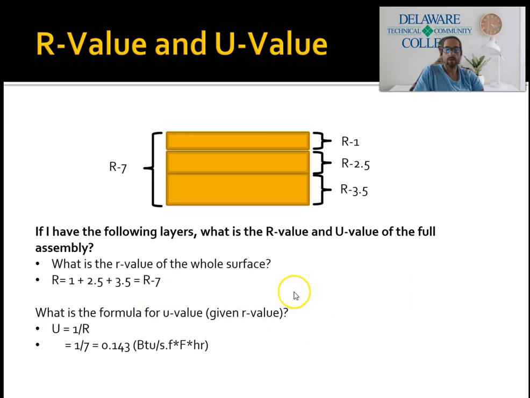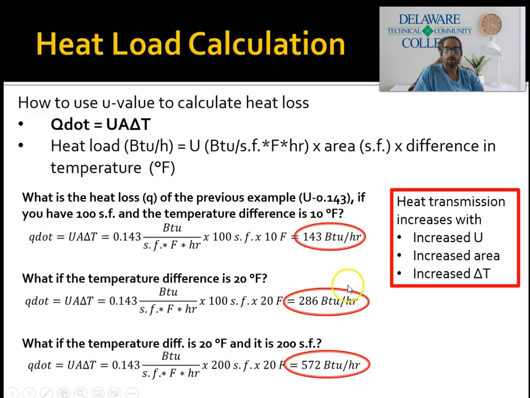Okay, so let's use this as a basis of our heat load calculation. Again, this is a review, so I'm going to go over this quickly. Remember, if we want to calculate the heat loss through a surface or heat movement through a surface, we use UA delta T. You can feel free to pause and look this over, this is from a previous presentation.